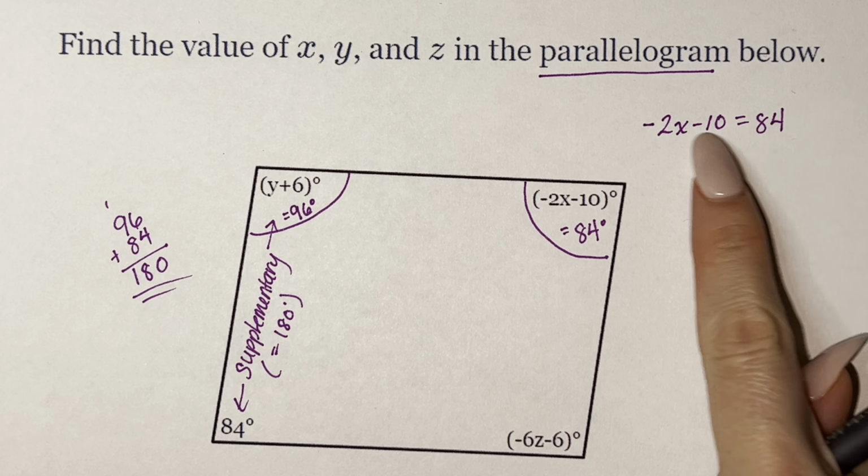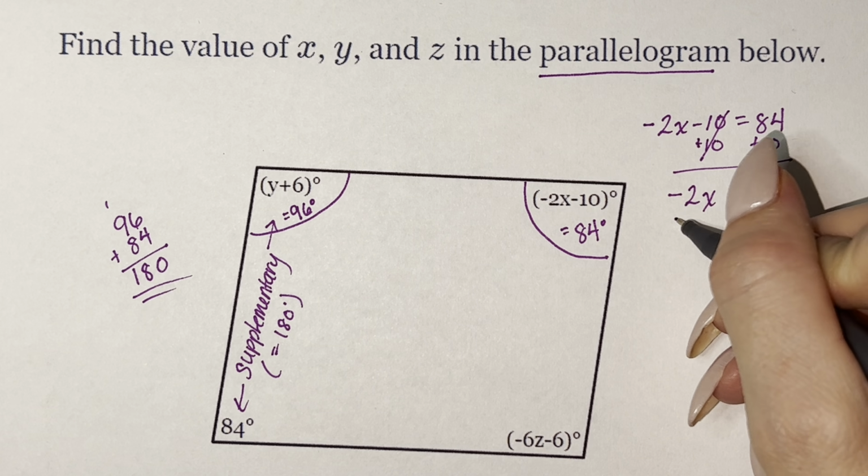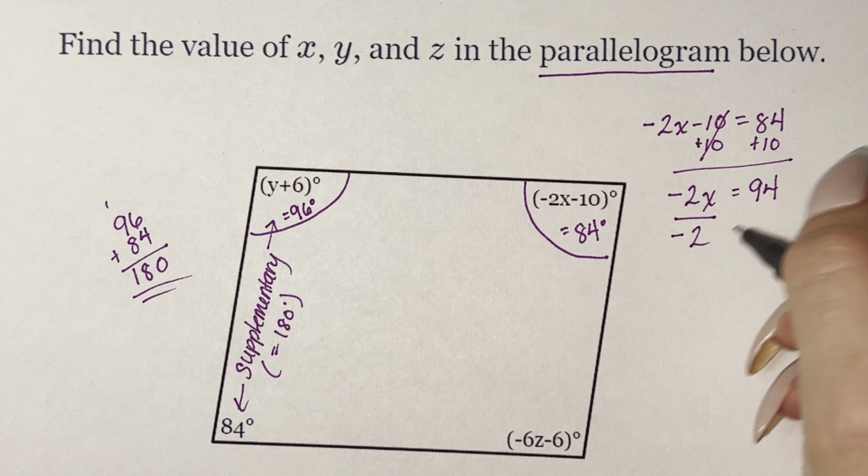So instead of subtracting 10, I'm going to move this 10 to the other side by adding it. So I'm going to get that negative 2x is equal to 94. And then I'm going to divide both sides by negative 2. And I'm going to get that x is equal to, oh sorry, yeah, that's right, negative 47.